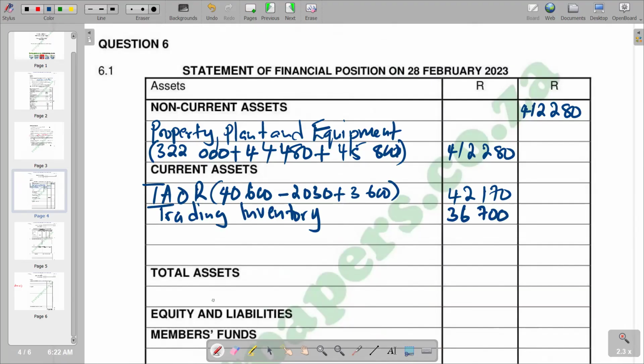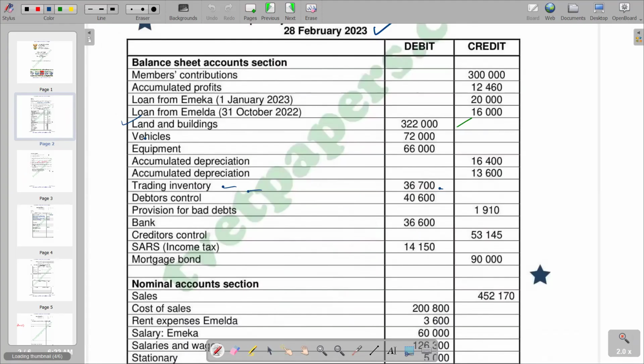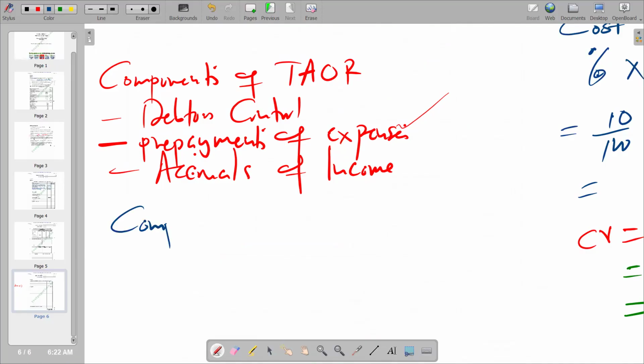Then from there, we check for other current assets that we see in the pre-adjusted trial balance. We go down, checking. We have got bank. Remember, bank is part of cash and cash equivalents. So we are also supposed to know the components of cash and cash equivalents. We are talking about the balance of bank.